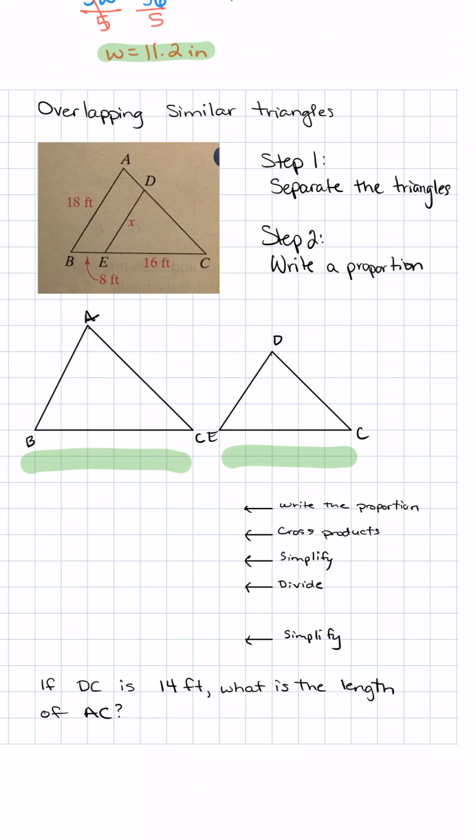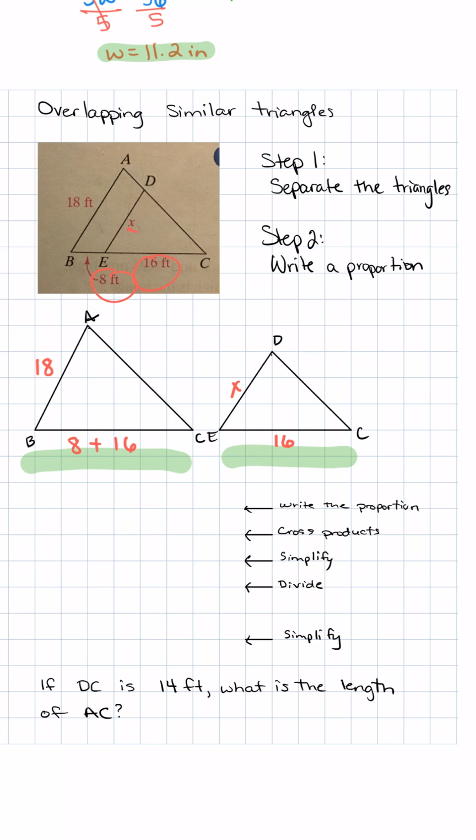So let's fill in these lengths. This length AB is 18 feet, and we don't know what ED is. Notice it just has the x there. This one is 16, and that little part was 8, so this is going to be 8 plus 16.